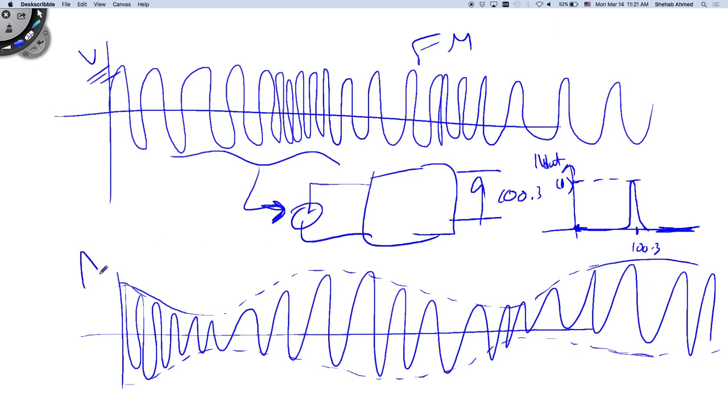This is an amplitude modulated signal, an AM signal. Your AM radio works this way. Your AM radio takes data. Oh, sorry, the AM signal data is at the low frequency.